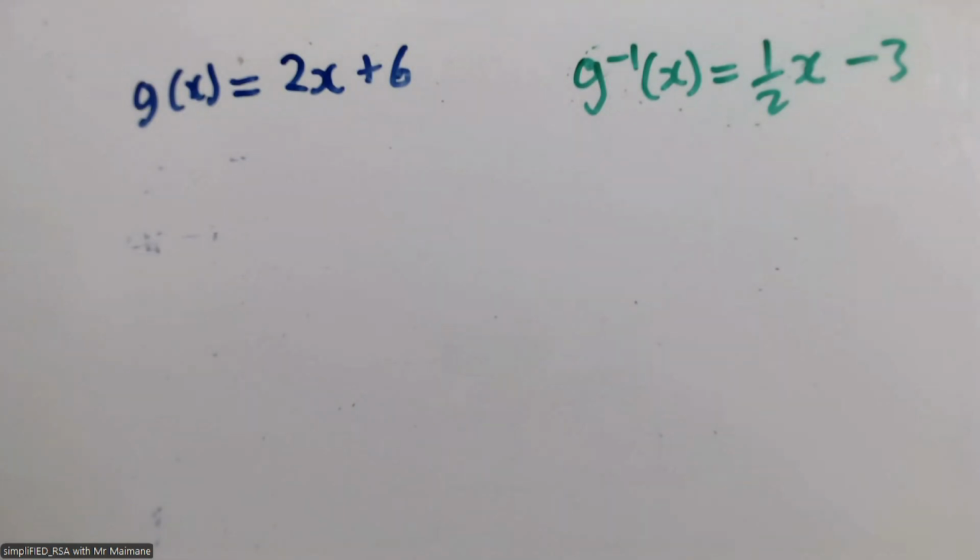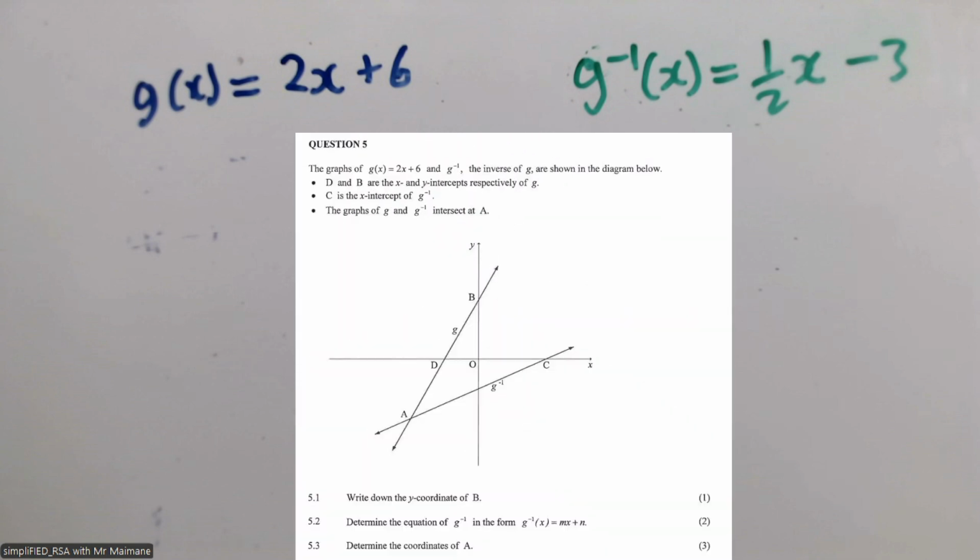Now, for 5.3, we have to determine the coordinates of A. And we are told that the graph of g and its inverse intersect at that point A. But regardless of the information that is given to us, we can see from the diagram itself that point A is where the two functions, g of x and its inverse, are crossing each other.